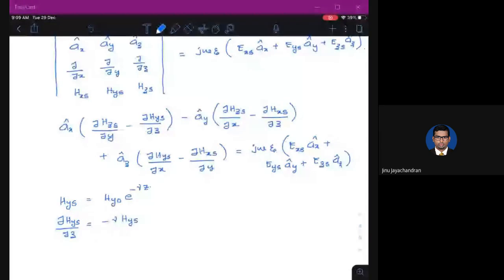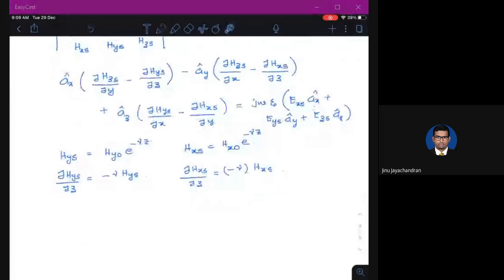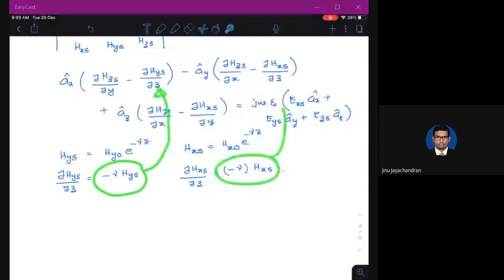Similarly, since HXS is equal to HX0 e raised to minus gamma z, dou HXS by dou z is equal to minus gamma into HXS. So I can substitute this in here and I can substitute this in here.